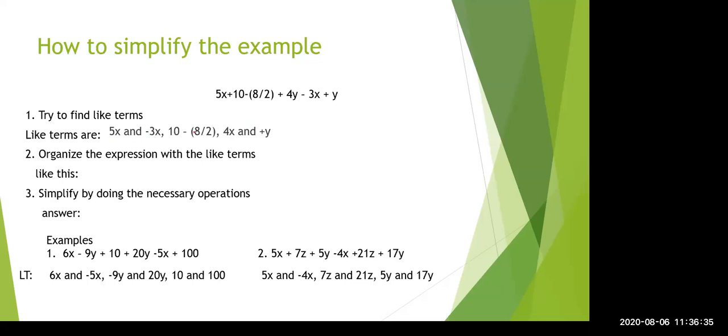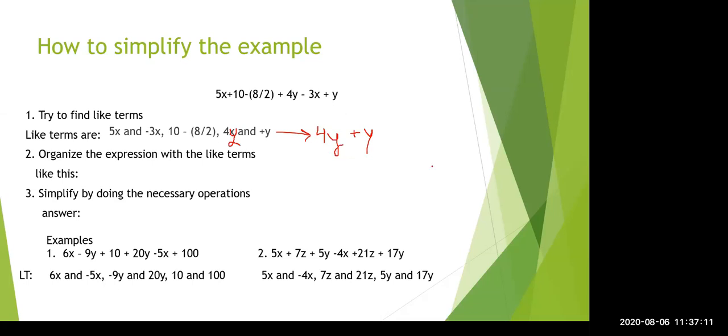And then 10 minus, in parentheses, 8 divided by 2 are like terms because they're all numbers without any variables. And in this example, it shouldn't be 4x. It should be 4y. Sorry, I should have written that. So it's 4y plus y, and those two are like terms because they have the same variable.